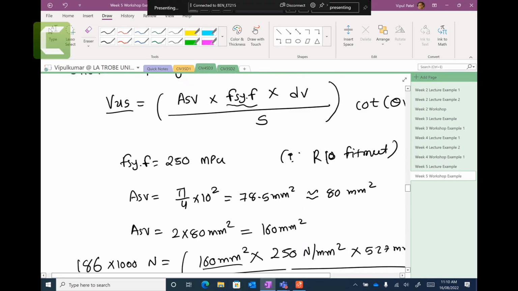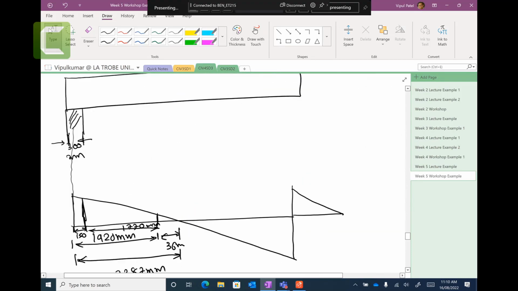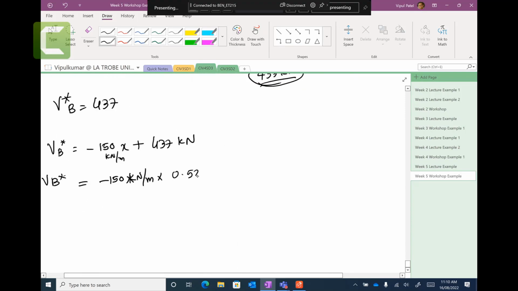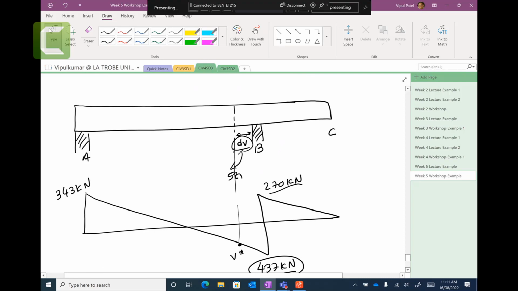We calculated dV here: 527, so 0.527 meters. So minus 150 times 0.527 plus 437, you get 358 kilonewtons as V star instead of 437. So we can design it for 358 kilonewtons instead of 437 at distance dV.